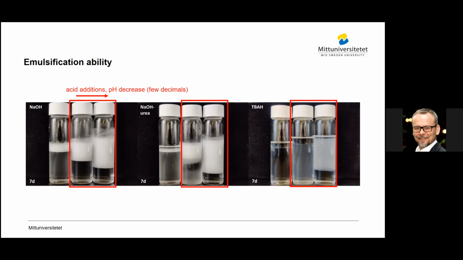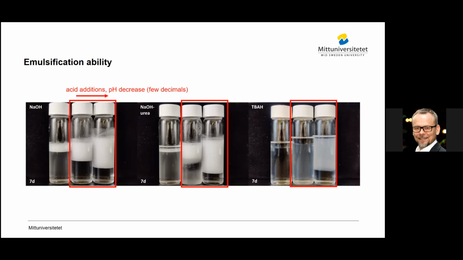And if you go down further, you get even more creaming, which tells that you have a better opportunity to make more particles where you have the oil encapsulated, or a bigger part of the total volume as emulsion.